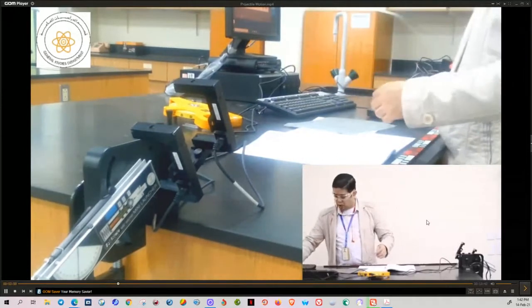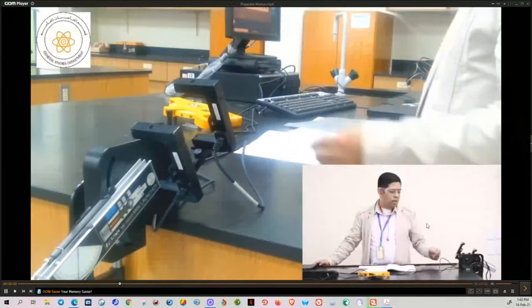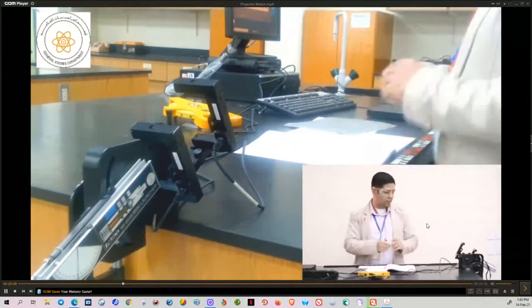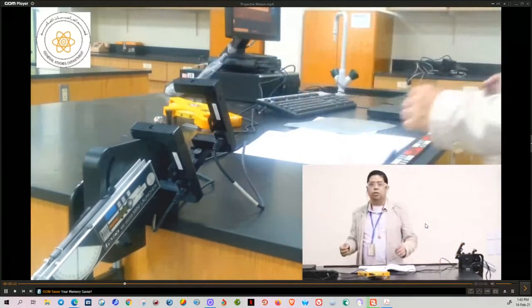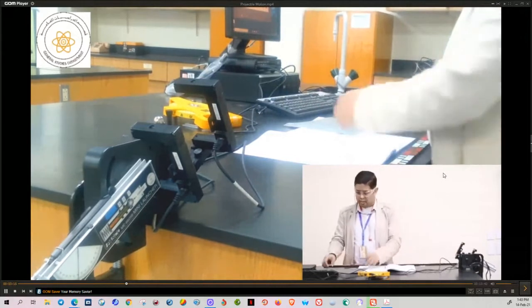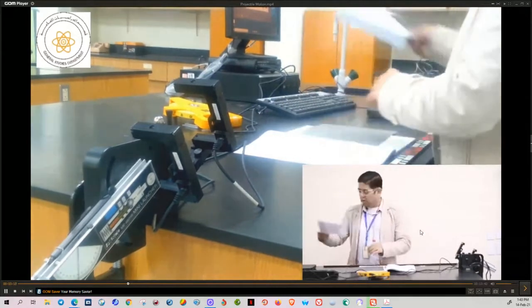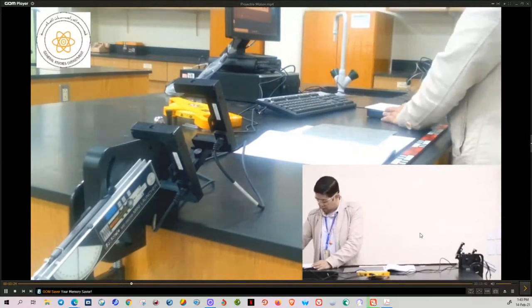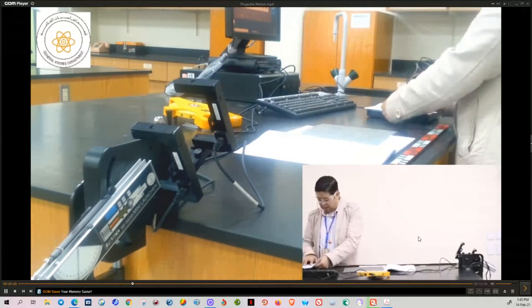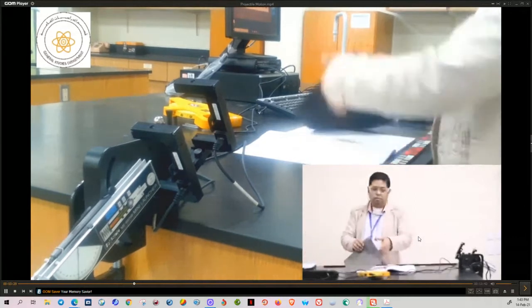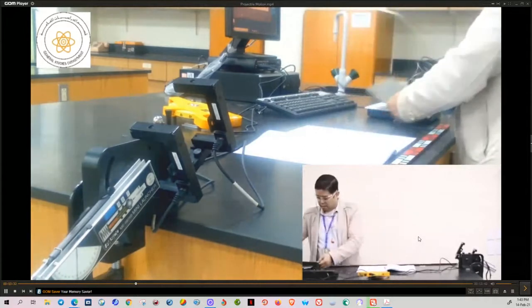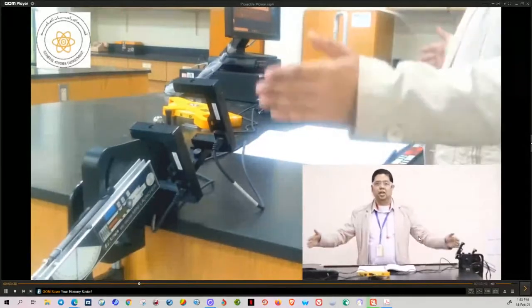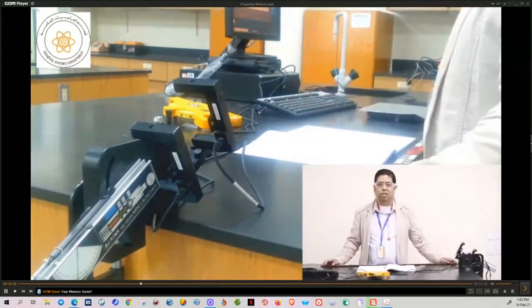That is going to allow us to measure the time it takes for the projectile to leave the launcher and reach the ground. In order to determine where a projectile will land, we are going to use a piece of paper, which we are going to tape over our time of flight accessory, and then we are going to place a carbon paper. The impact is going to leave a mark on the paper, and from there we can measure the horizontal distance that is traveled by the projectile.